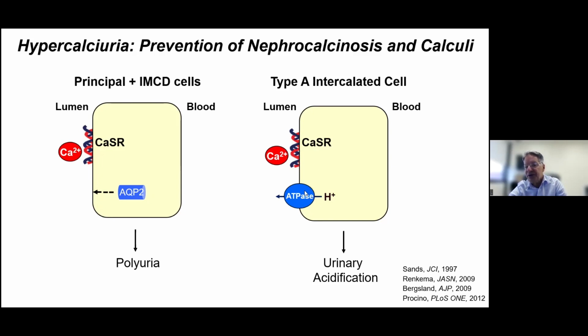So you lose the ability to enhance proton secretion when you have, by definition, a proton secretory process impairment for whatever reason, and therefore you lose the ability to prevent calcium phosphate from coming out of solution because the urine pH is going to 7, 7.1. It's going too high.